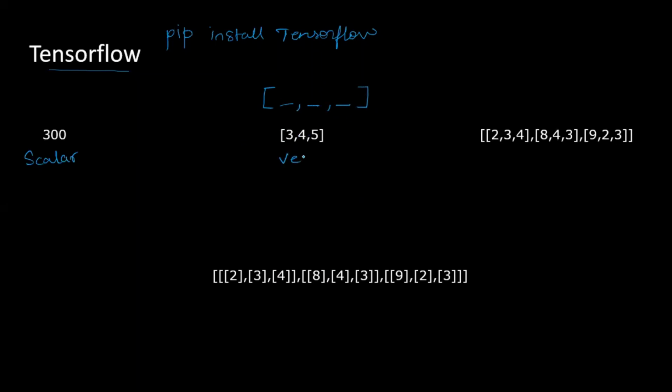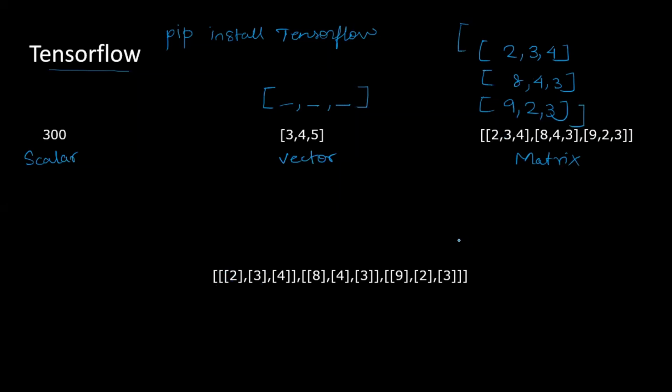Here in TensorFlow, it is called a vector. Then guess what this is? You have seen it in 11th and 12th, right? This is a matrix. Now what is this? This is actually a tensor.